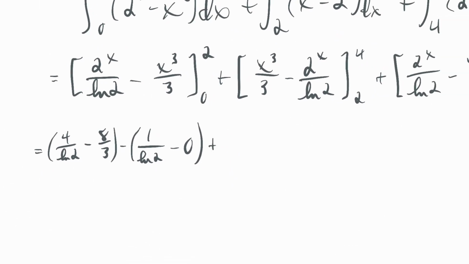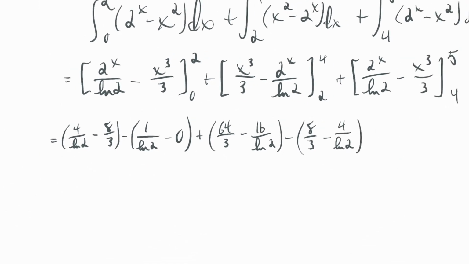Plus 4 cubed, that's 64, I believe, 64 over 3, minus 16 over ln of 2, minus, I plug in 2, that'll be 8/3, minus 16 over ln of 2. Is that right? No, 4. 4 over ln of 2.